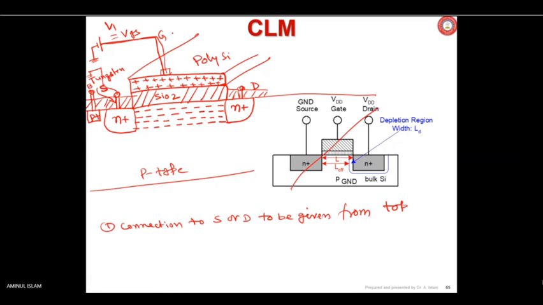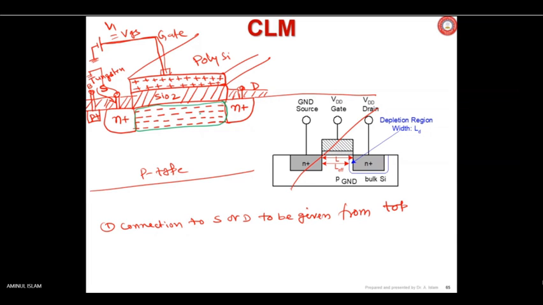Why do we call it a gate? Because if you apply a positive voltage at the gate material, that is the top material, then only will electrons be formed and available in this region.